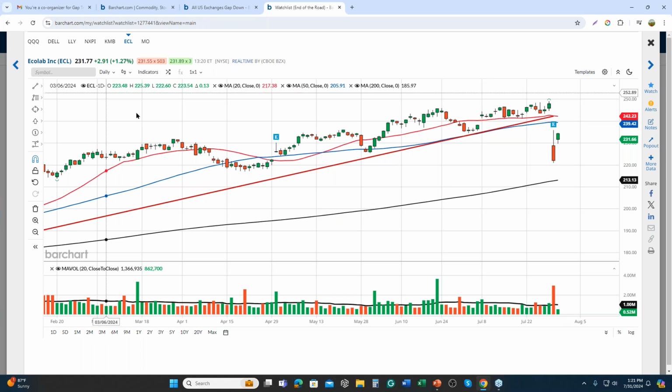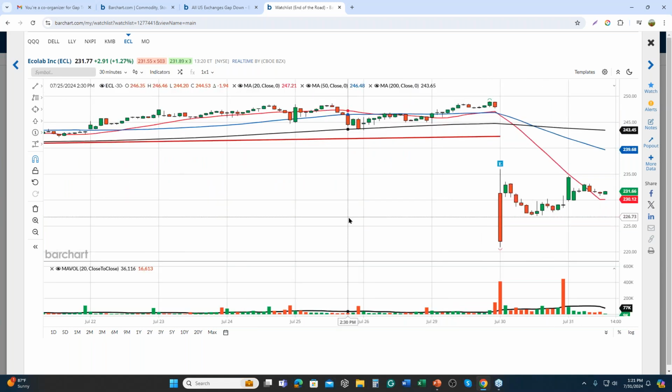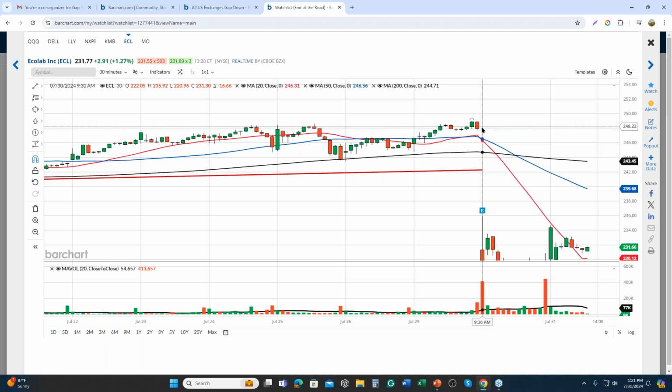So again, I don't see twins on this green candle, but maybe there was something that happened intraday. And again, here's a 30-minute chart. And there you go. There's a nice little set of twins. In this case, this looks like it could be an engulfing candle. It's hard to say.